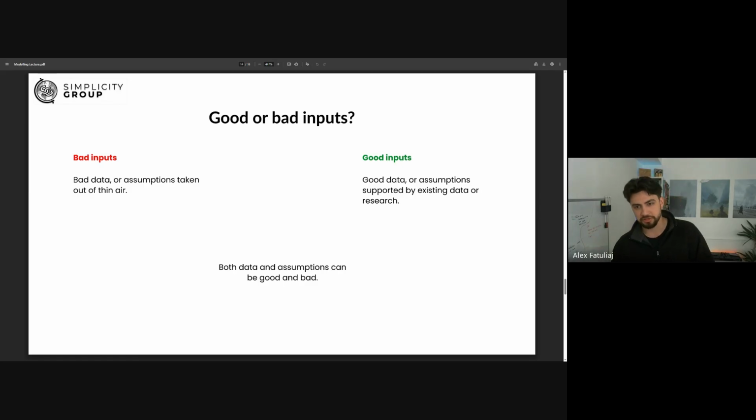And good inputs, on the flip side, is good data. Maybe you go on Dune and look at the on-chain data, whatever it is. You have your own data, of course, of your own users, and assumptions which are supported by existing data. So when we do models, for example, and we need to assume how many people will sell the tokens, if they're staking, we run some maths if we can on profit margins and stuff like that.